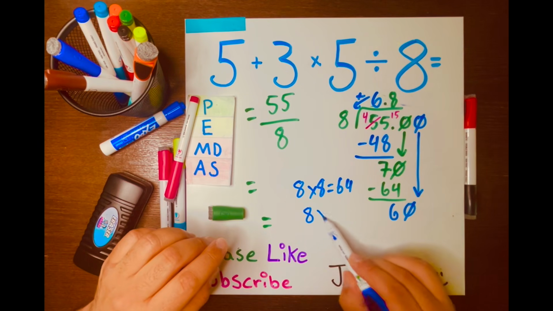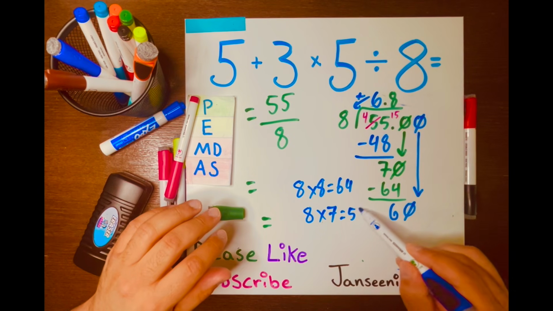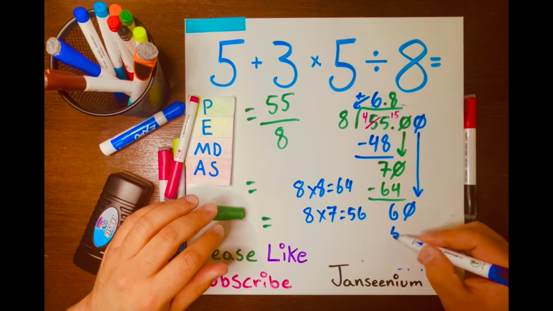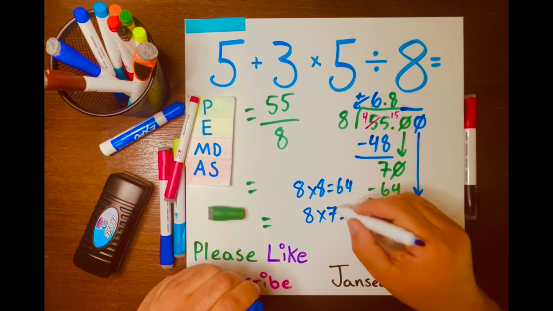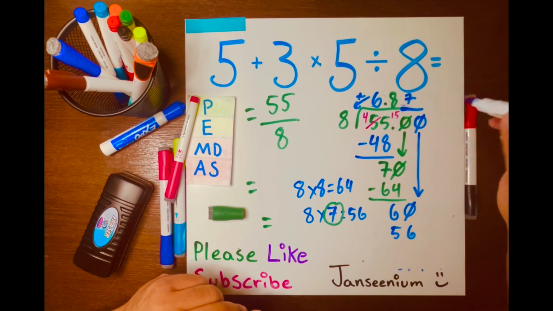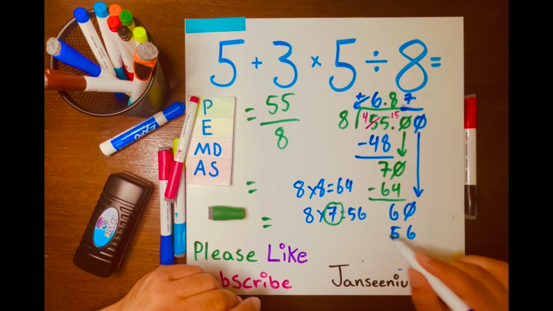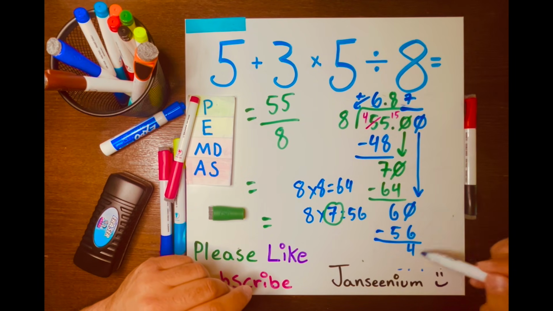So it must be 8 times 7, which equals 56. So we'll write 56 here, and then write the 7. And 7 times 8 is 56. And then 60 minus 56 is 4.